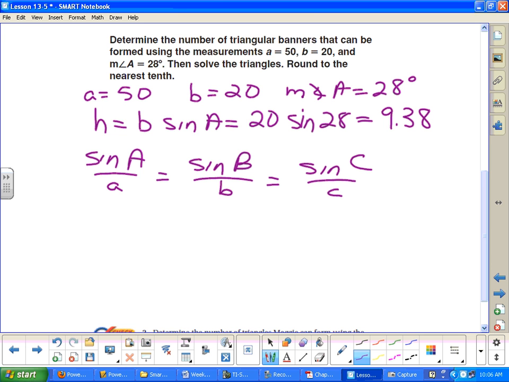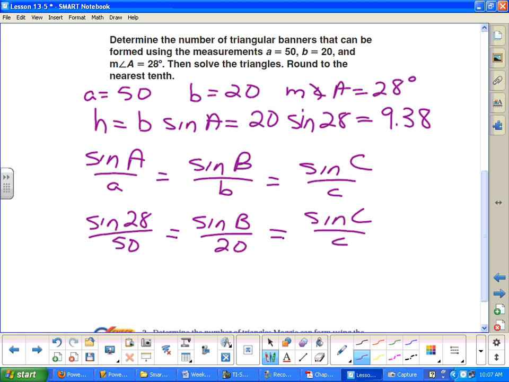We know angle A is 28 degrees, and side A is 50. We don't know angle B, but we know that side B is 20. And we don't know anything about the C's.